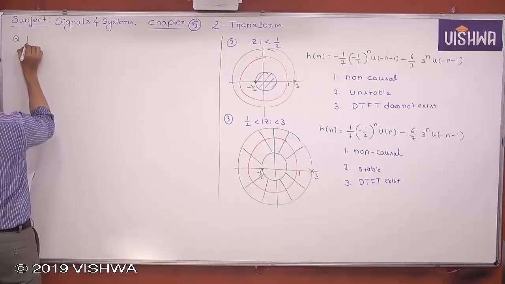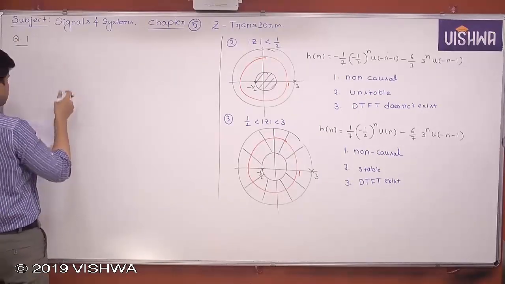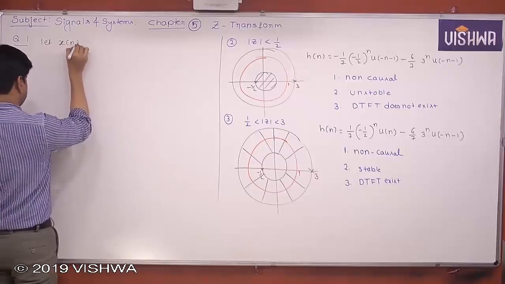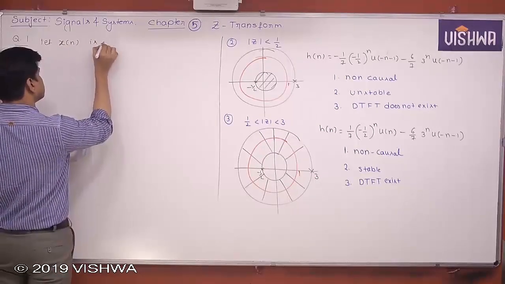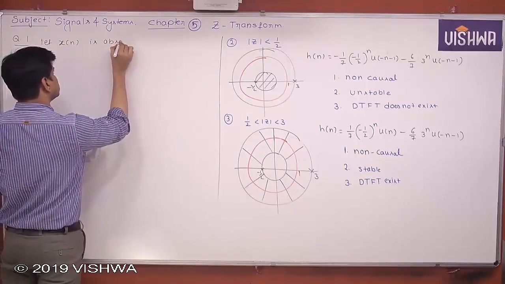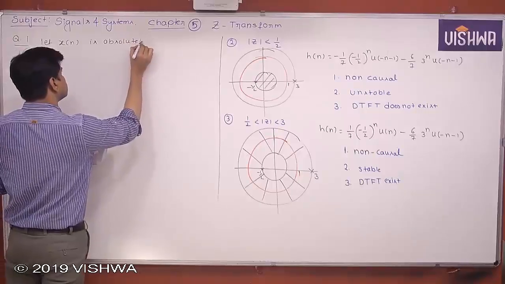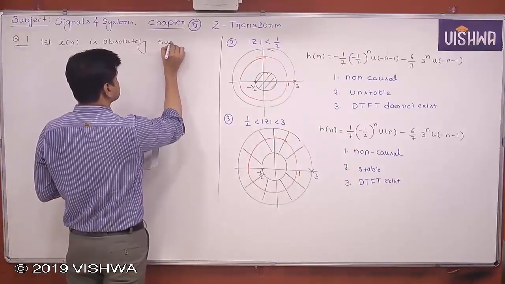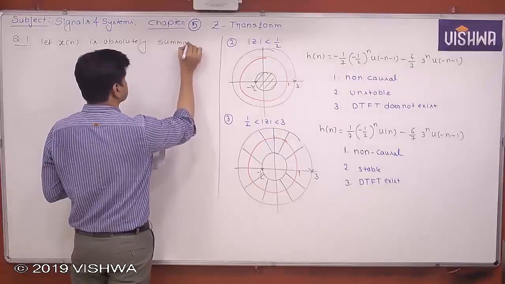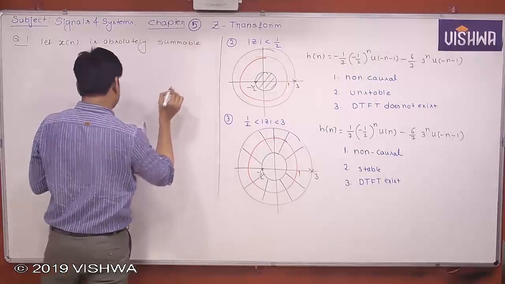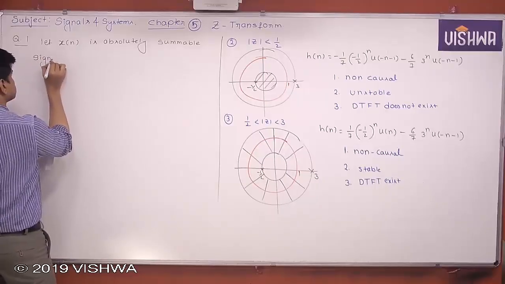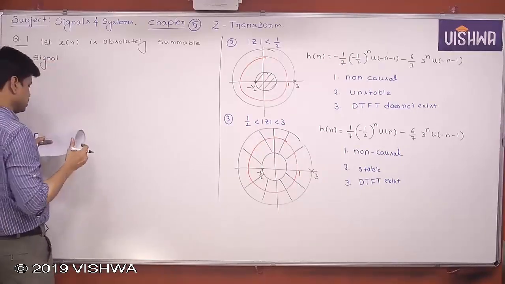In Z-Transform, let x of n be an absolutely summable signal.